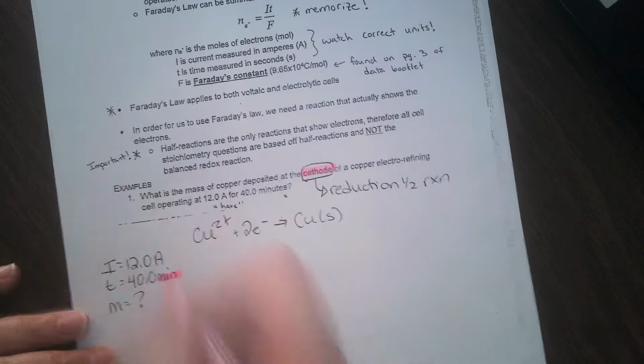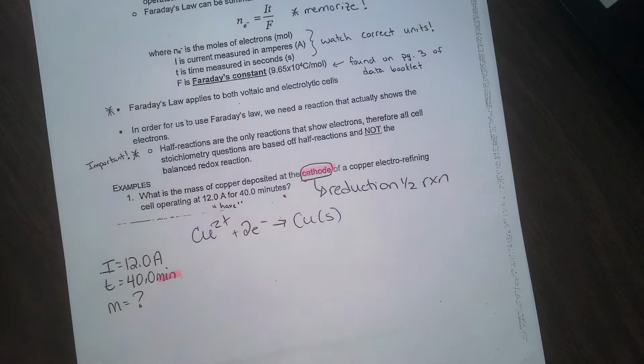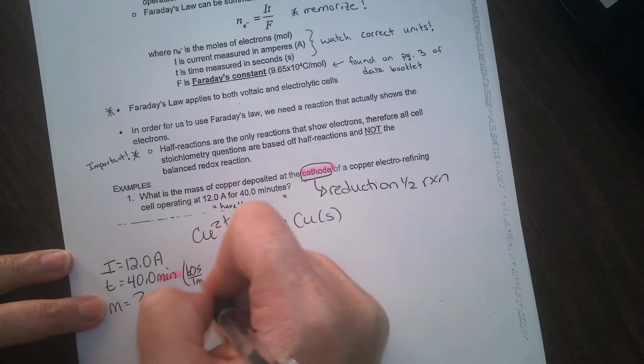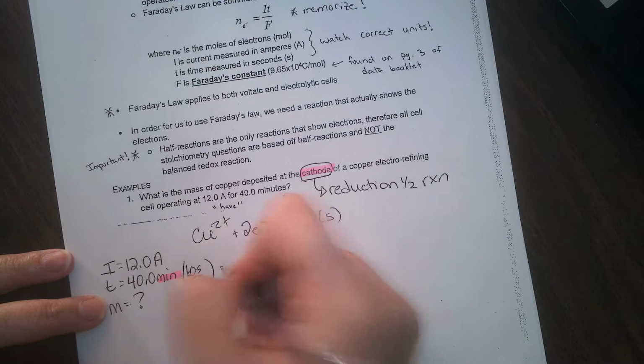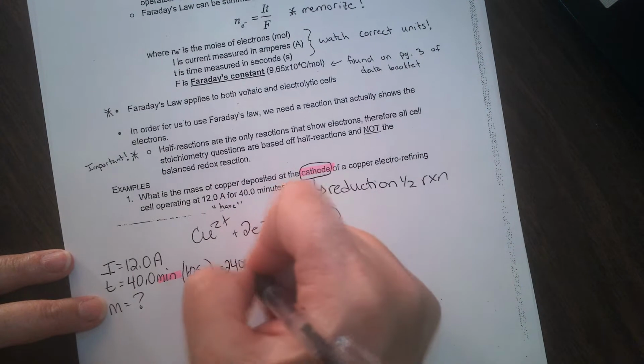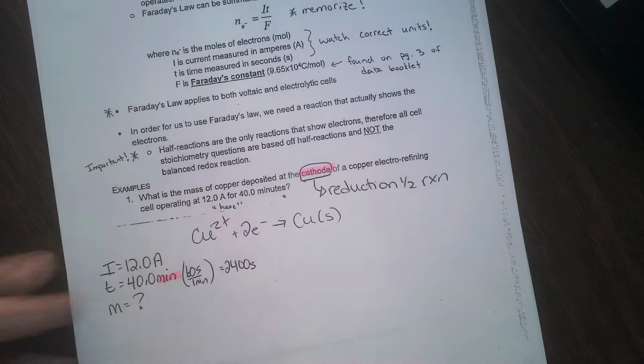Paying attention to minutes, it has to be in seconds. How do we go from minutes to seconds? Multiply by 60. There's 60 seconds in 1 minute, which is equal to, you shouldn't have needed a calculator, 4 times 6 is 24, and 2 zeros after that.